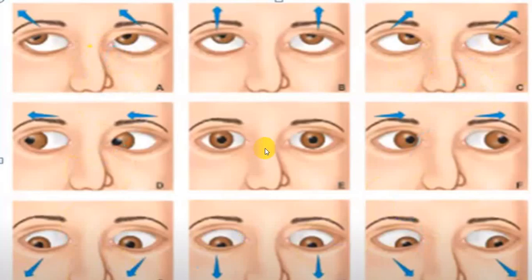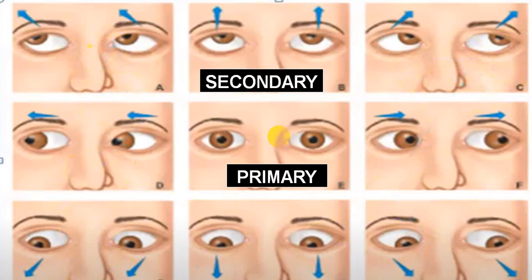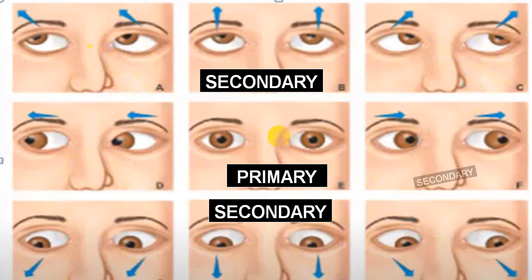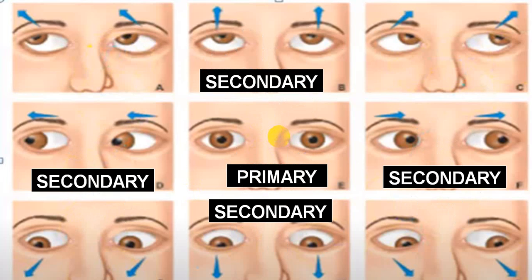Now this is a normal position, so it is called the primary position. These are called secondary positions, meaning you ask the person to move laterally to the left, to the right, up and down. Then you ask the person to look up and out, two combinations, so that is called tertiary positions.